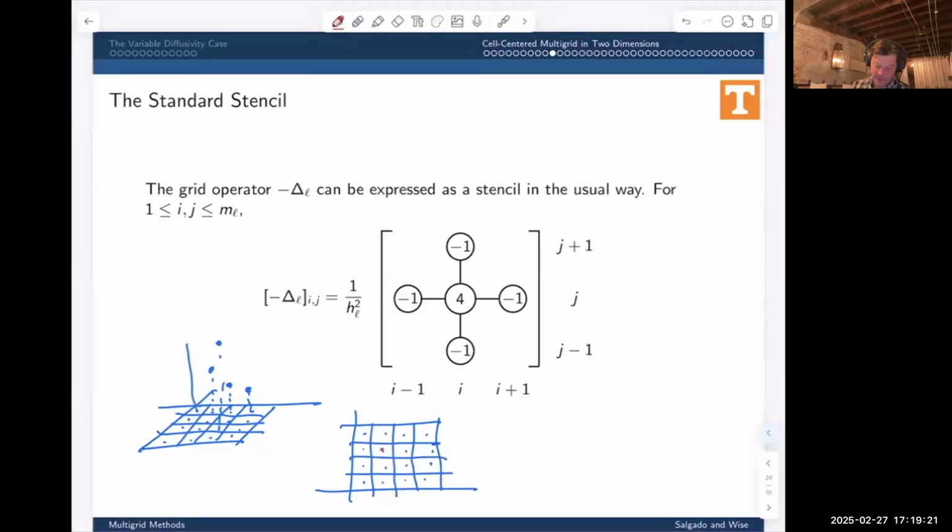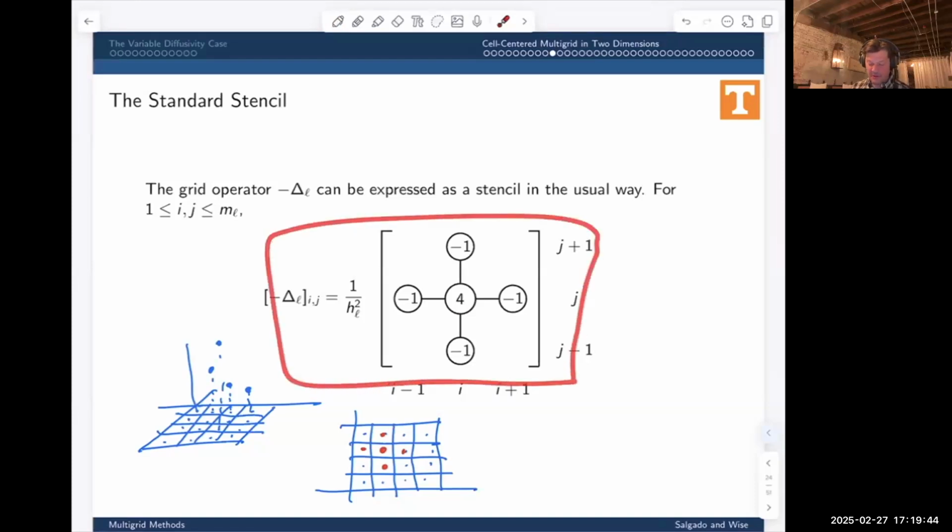So we're going to take the value there and multiply it by 4. We're going to take the value at this point, multiply it by -1. Same here and same here, multiply by -1. Add all those up and then divide by h squared. And that's what this stencil represents.